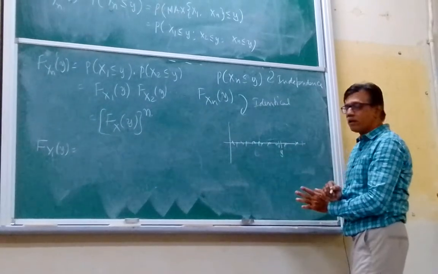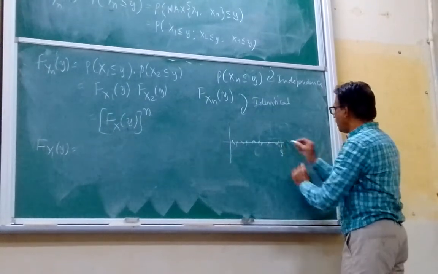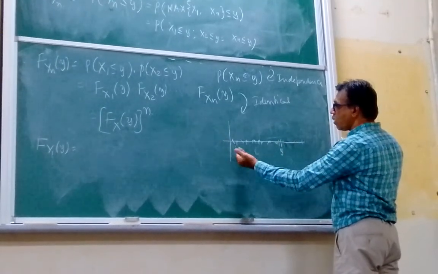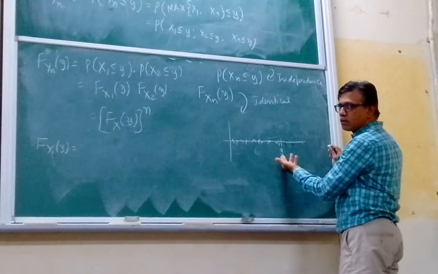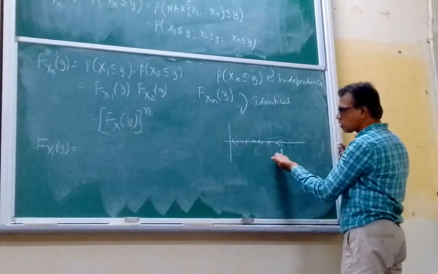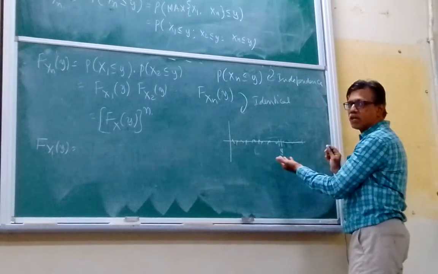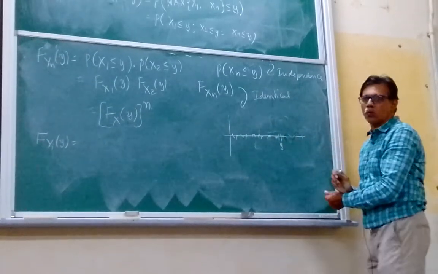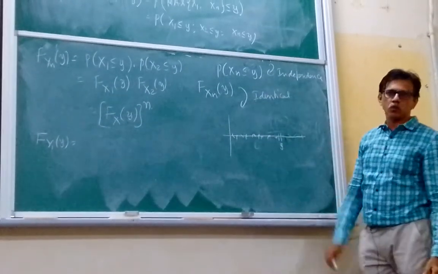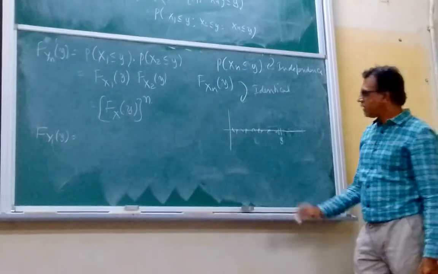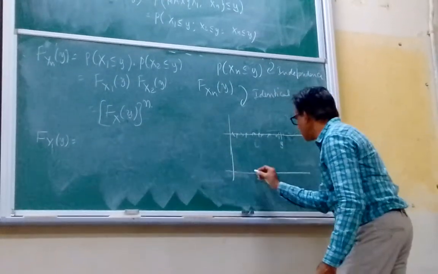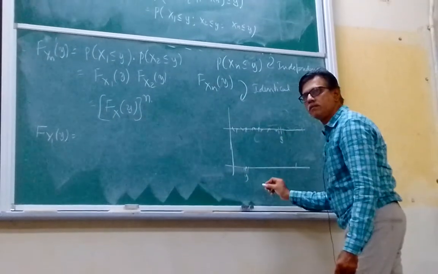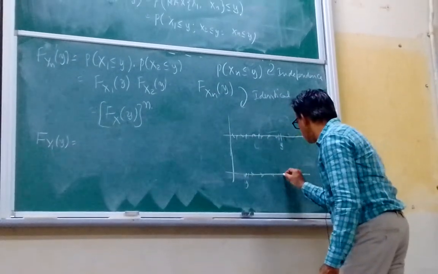Then it means that X1 has to be less than y, X2 has to be less than y, everything has to be less than y. Then only the maximum itself will be less than y. And that is how we got this. In the case of the minimum, what is the probability that the minimum occurs here? Then everything has to be above this.